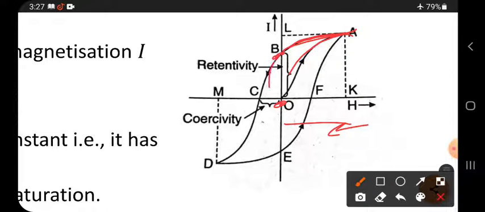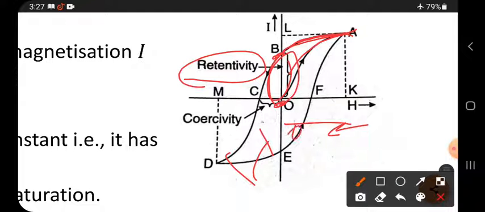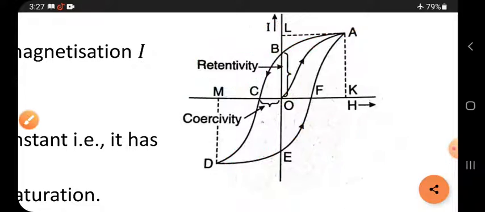That means there is a certain magnetism inside the substance. This is called retentivity. Even though the H value is 0, the I value is not 0, meaning intensity of magnetization remains inside the substance. That is called retentivity.